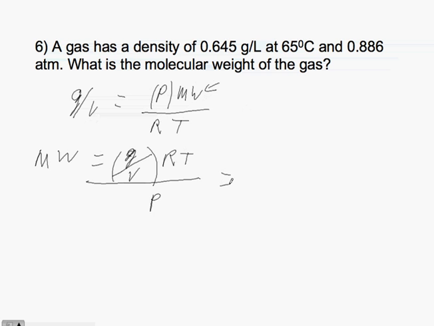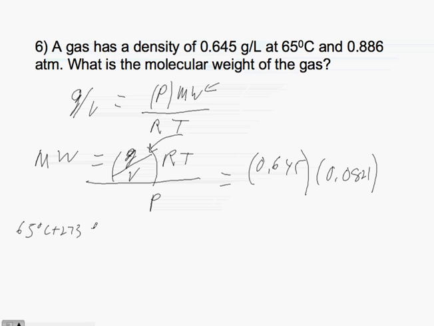When we substitute back into the equation, we know that our density is 0.645. The ideal gas law constant is 0.0821. Our temperature is going to be 65 degrees plus 273, which is equal to 338 Kelvin.